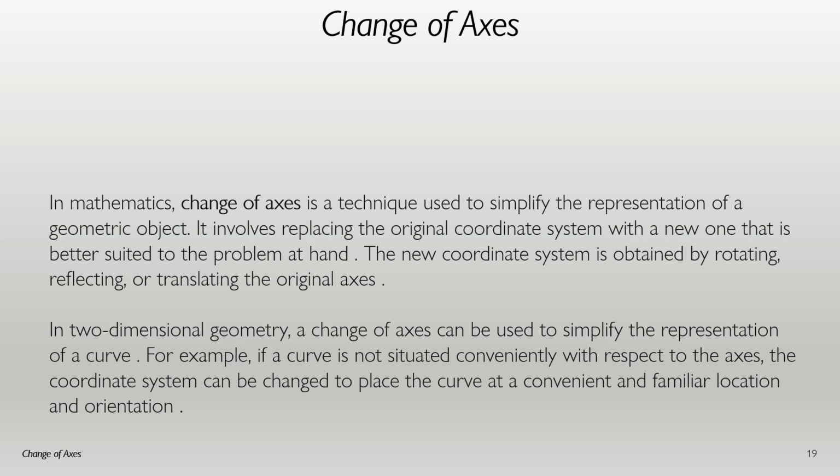In two-dimensional geometry, a change of axis can be used to simplify the representation of a curve. For example, if a curve is not conveniently situated with respect to the axis, the coordinate system can be changed to place the curve at a convenient and familiar location and orientation.